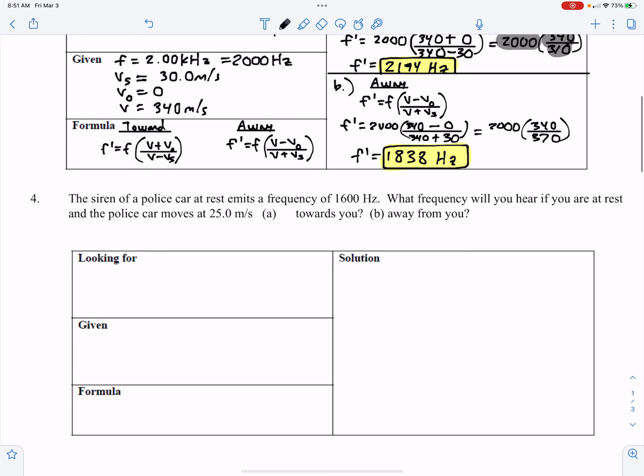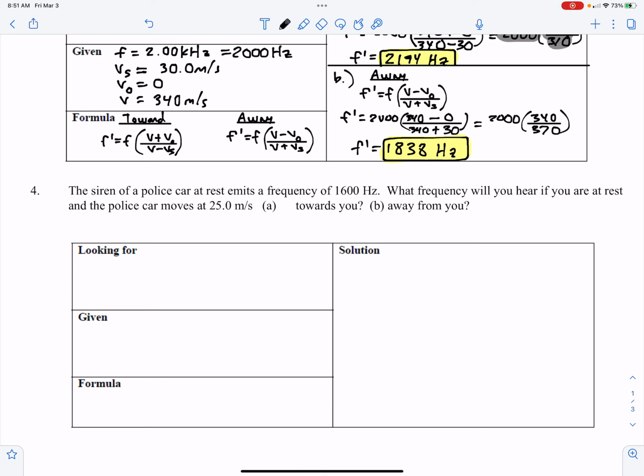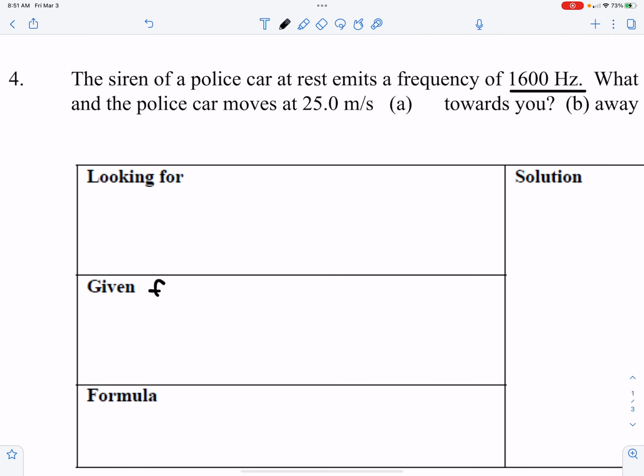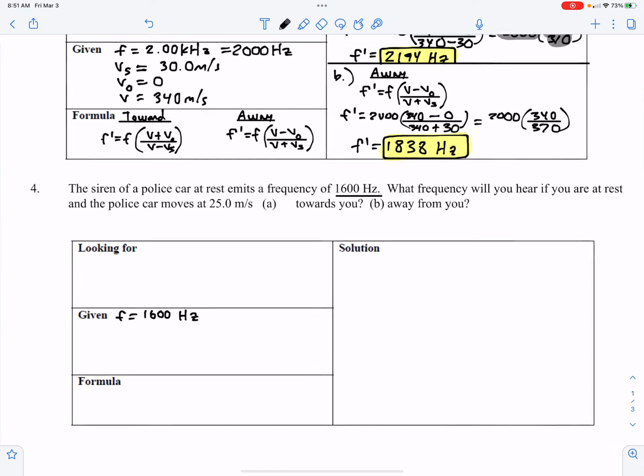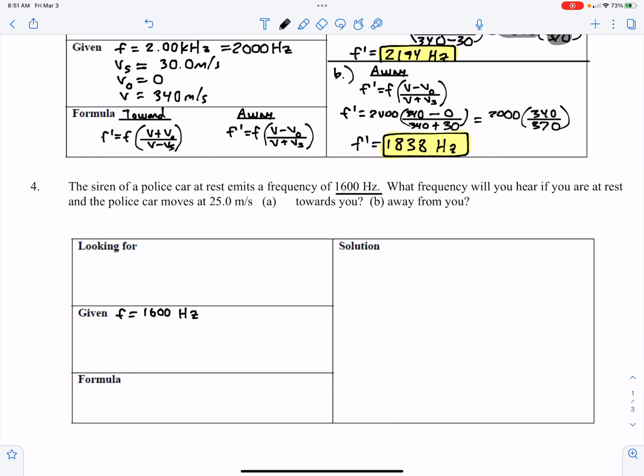Number 4, the siren of a police car at rest emits a frequency of 1,600 hertz. So we're given the actual frequency. What frequency will you hear if you are at rest?